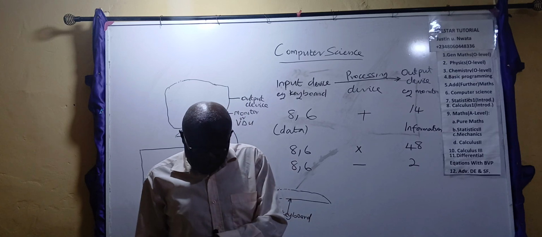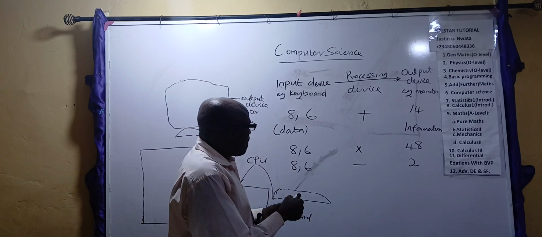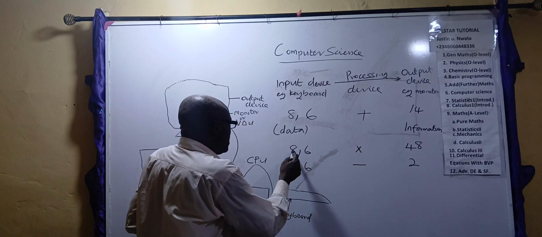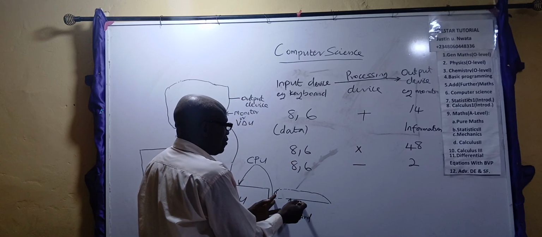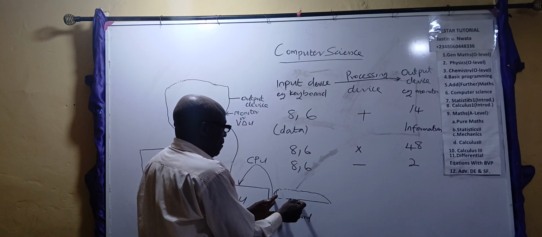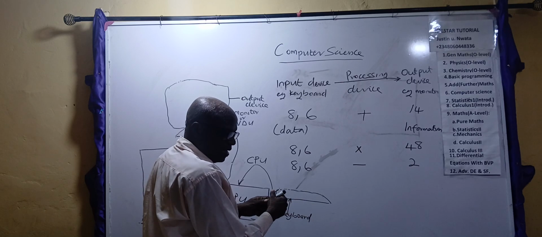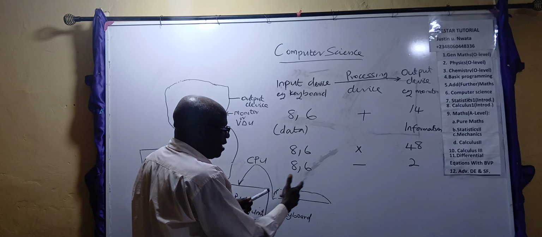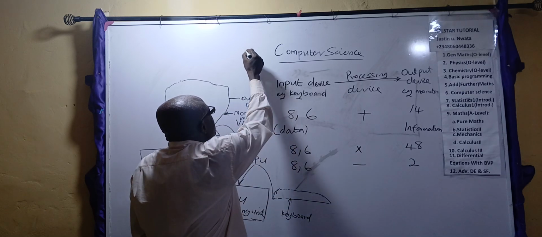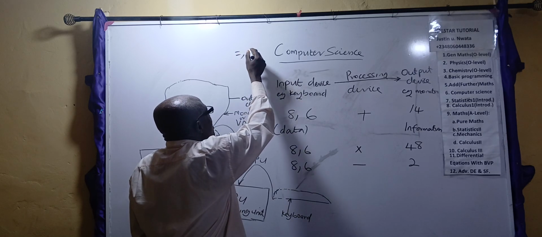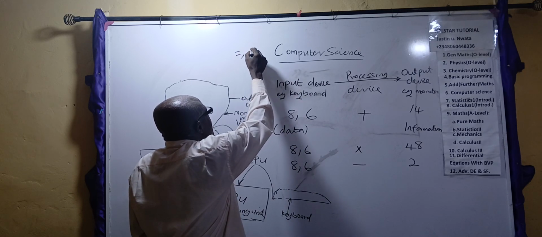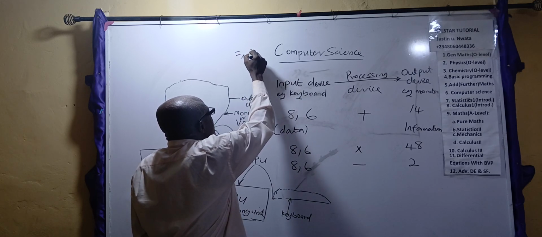In this processing of data, we only need to input the data, 8 and 6, using the keyboard. On the keyboard, you press an equal sign like this, or depending on how they make it, the enter sign. At times they do it like this with an arrow.